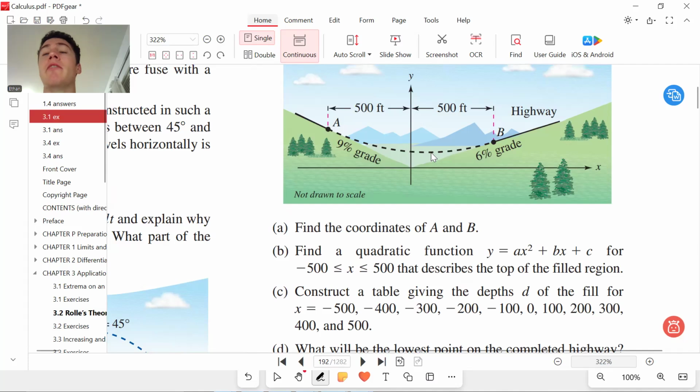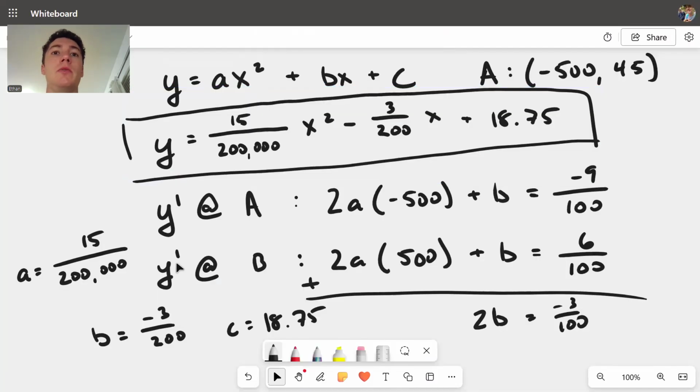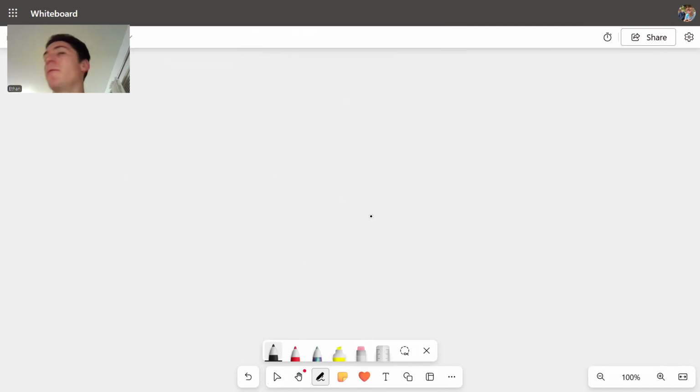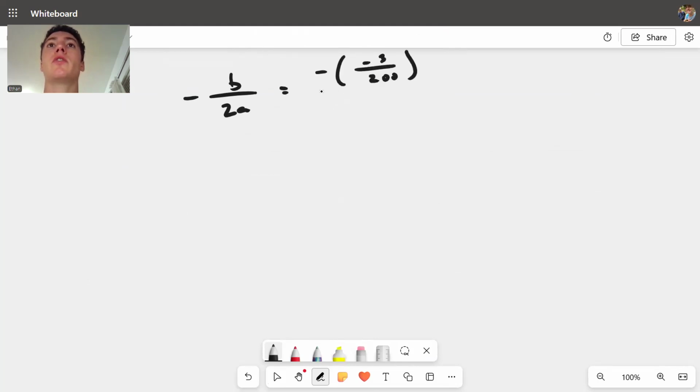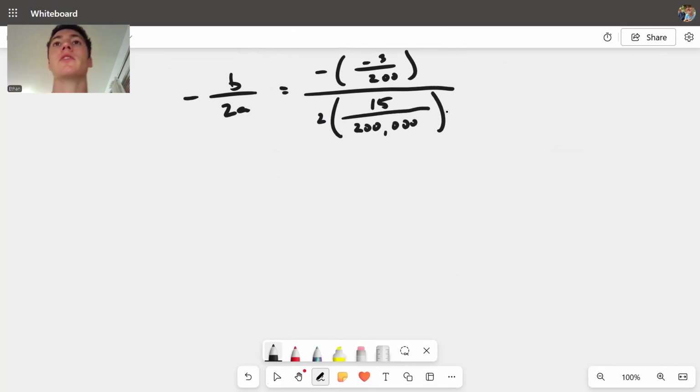And if you solve for negative b over 2a, which we can do, negative b over 2a is equal to negative negative 3 over 200 over 2 times 15 over 200,000. Let me make sure I have those numbers right. Yep, looks good.